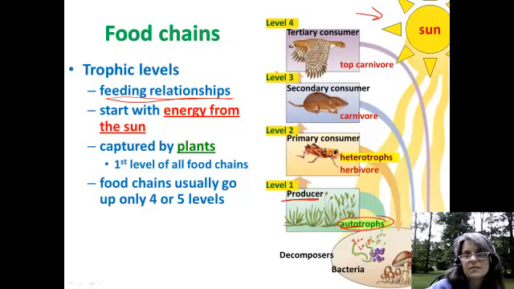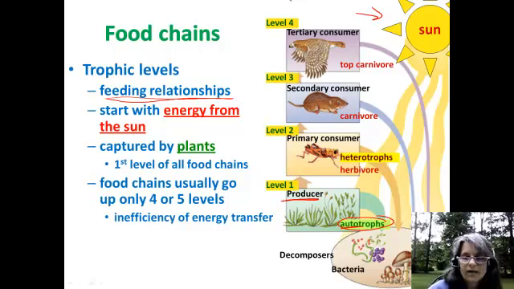Beyond the producers, maybe one more level than this, maybe. You are pretty limited as to how far you can go. Why? Because the energy transfer from here to there, from here to there, from here to there is not perfectly efficient. It is not a 100% transfer of all energy up the ladder.